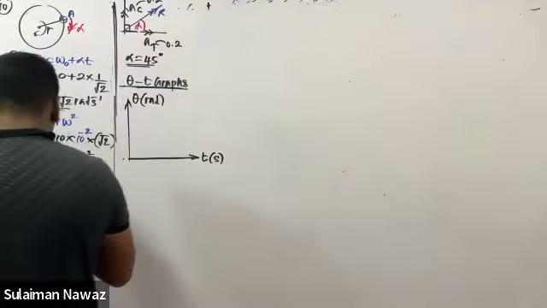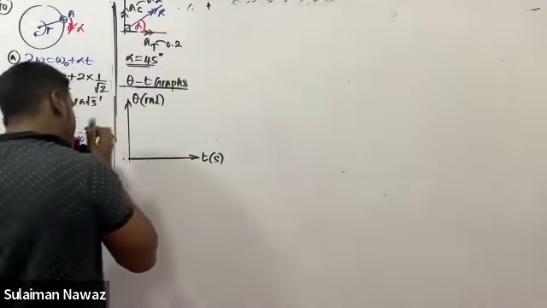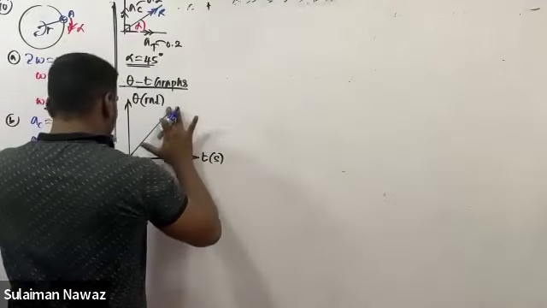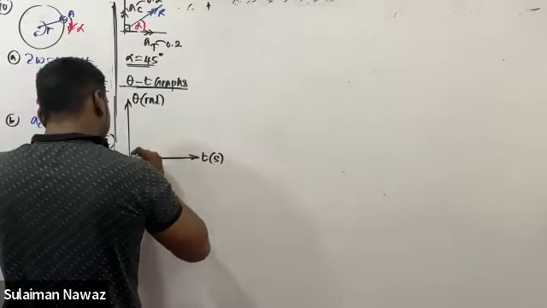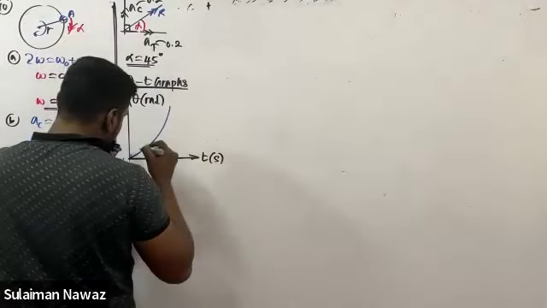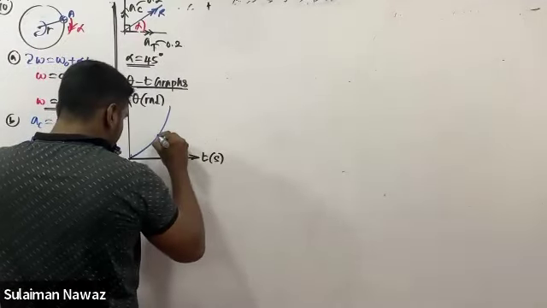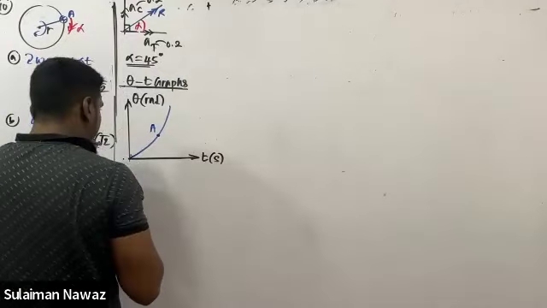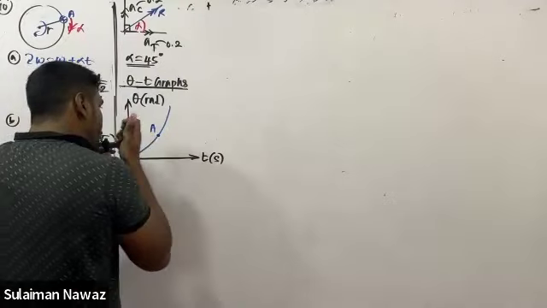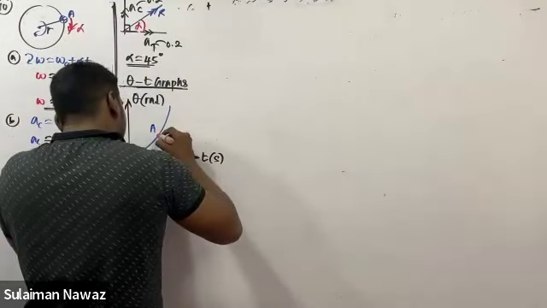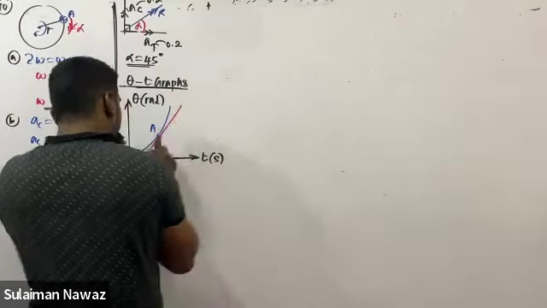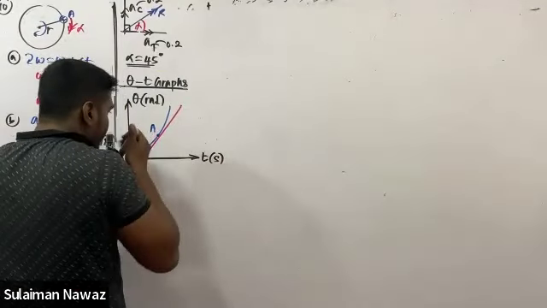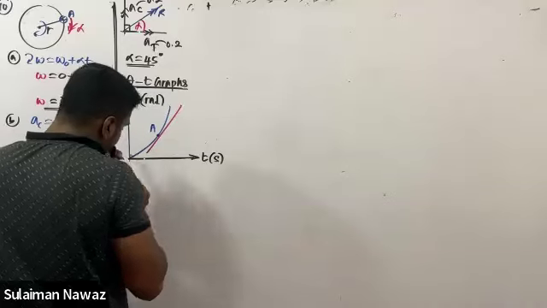So let's say I draw a graph, a curved graph like this. If I take a point on it, let's say point capital A. Now you know how to find the gradient. If you want to find the gradient at point A, draw a tangent at point A, then draw the positive x-axis.